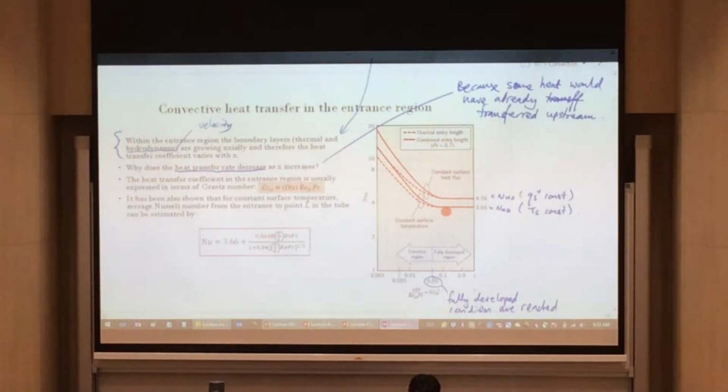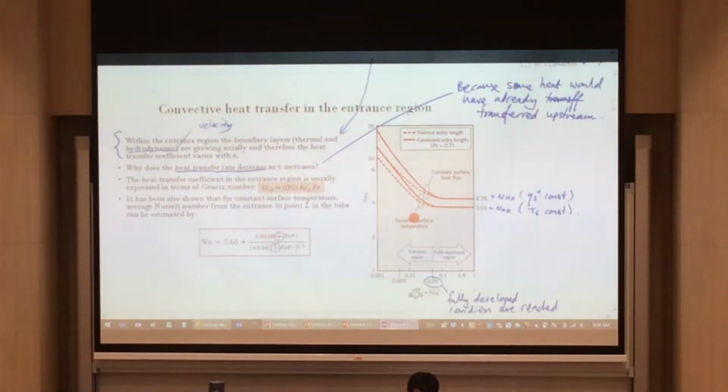So in a fully developed region, along the Nusselt number axis, the case with a constant surface temperature is at a constant value over here, and the case with a constant heat flux has a constant value over there. In the entrance region, for your constant heat flux, there will be two lines. One line is given by this, and the other by your dotted line. The same goes for constant surface temperature: a solid line over there, and a dotted line over here.